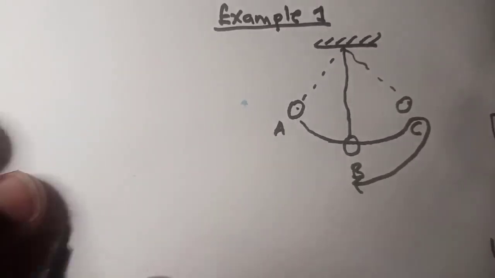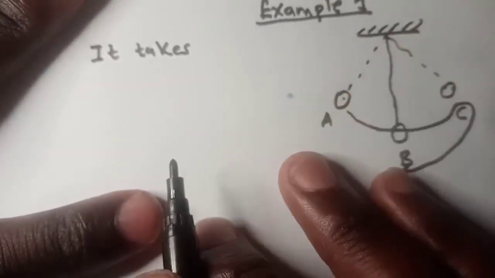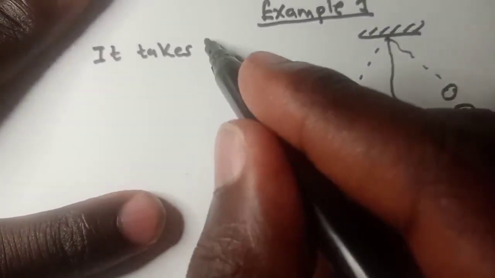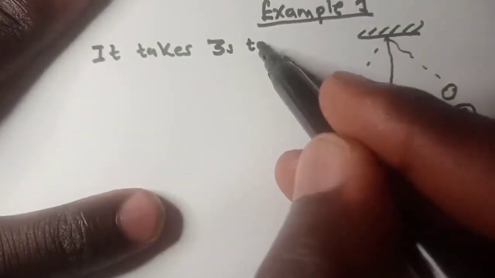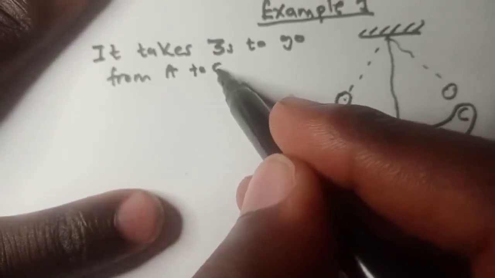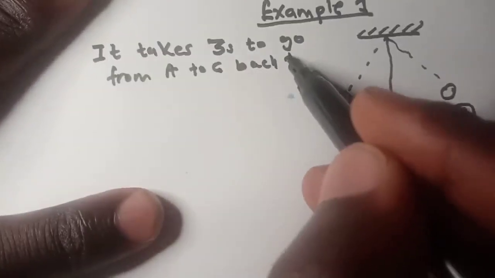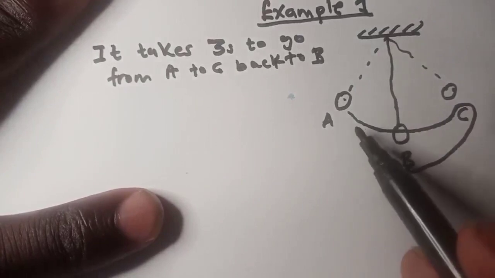So let's look at what the question is saying. The question says it takes 3 seconds to go from A to C back to B. So it took 3 seconds.